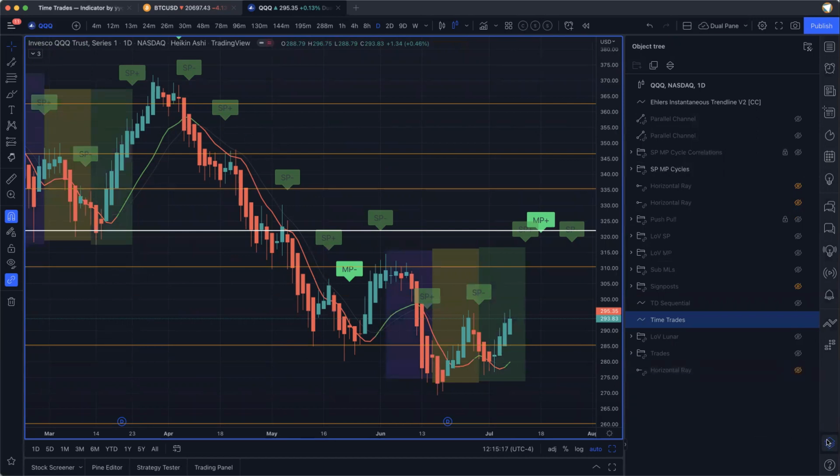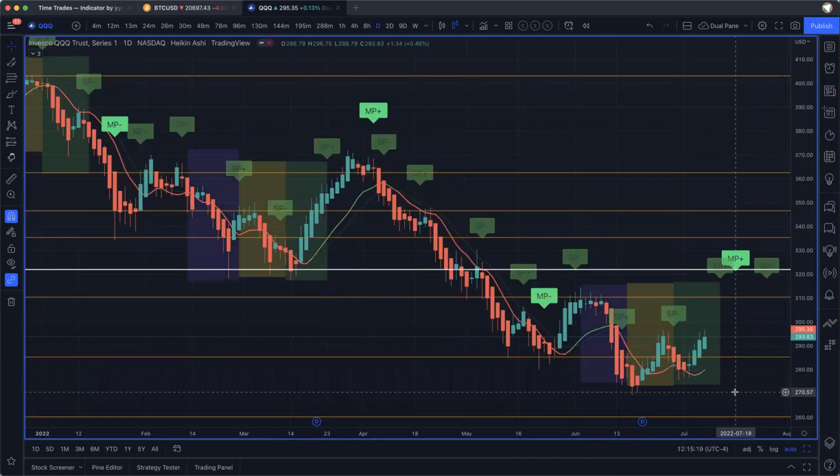This is the one I want. You can just draw some rectangles on your TradingView with the similar time periods, okay? So here the green box matches back to this green box, the yellow box matches back to that yellow box, and the purple box matches back to that purple box.